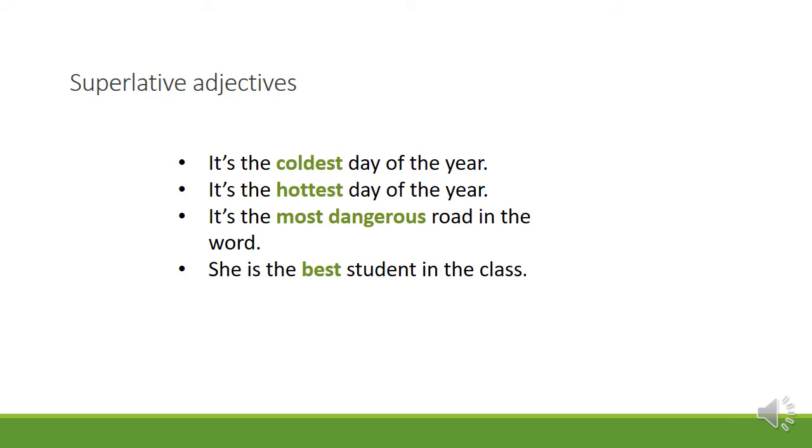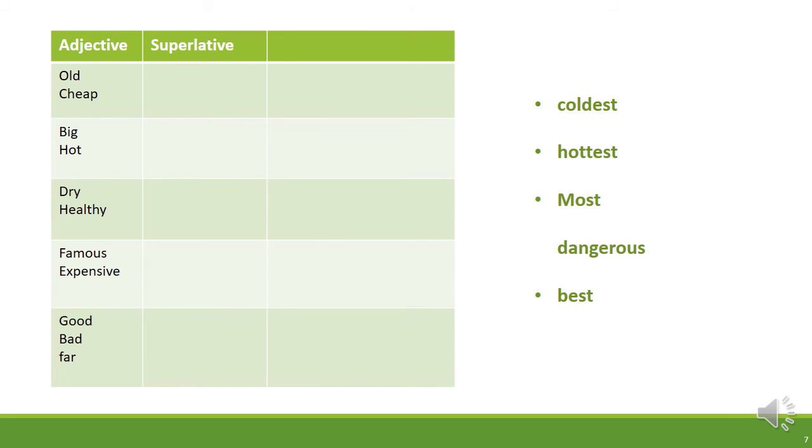Let's see the rules. These are the examples from the previous slide. We will try to understand what happened. Coldest. Remember that we have, let's say, three groups of adjectives: short adjectives, long adjectives, and irregular ones.